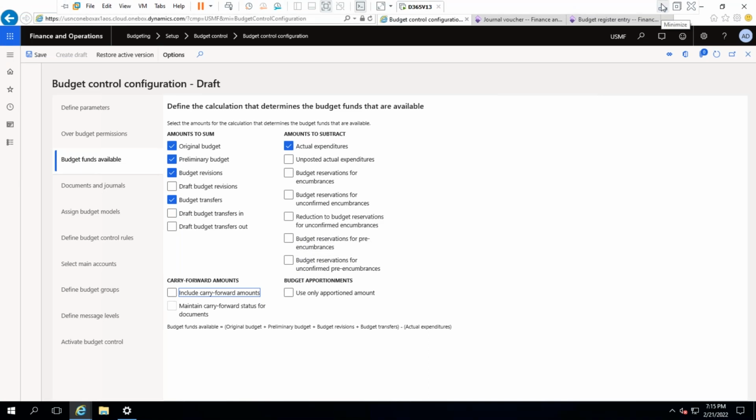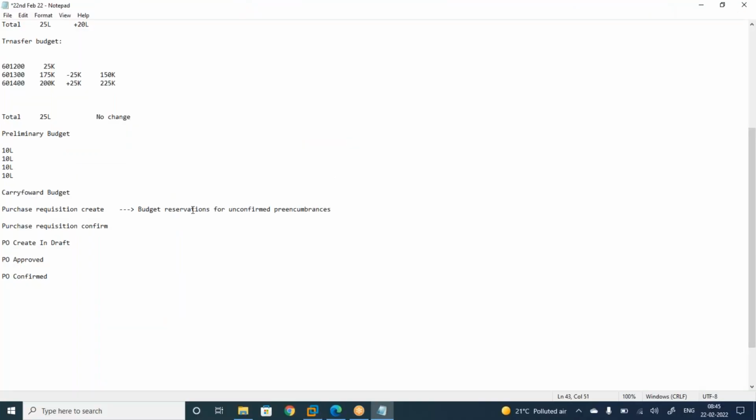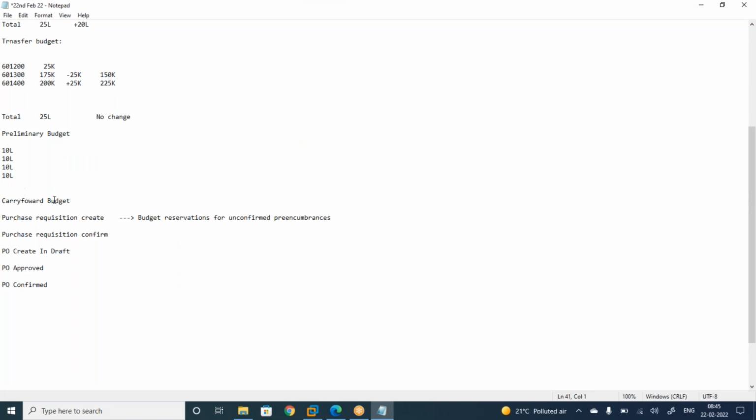This carry forward budget will be used for public sector companies, government organizations, or semi-government.